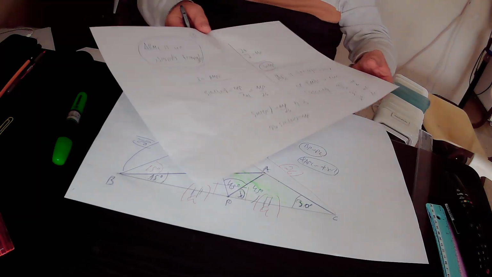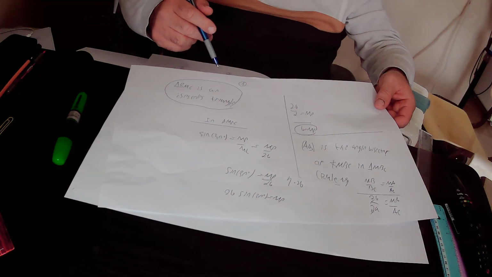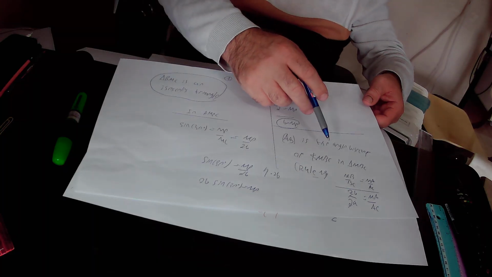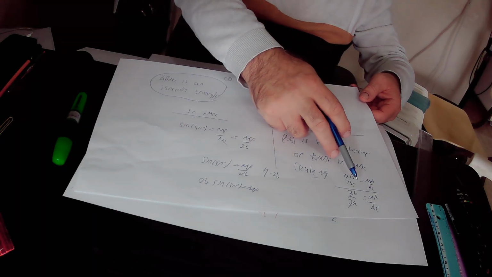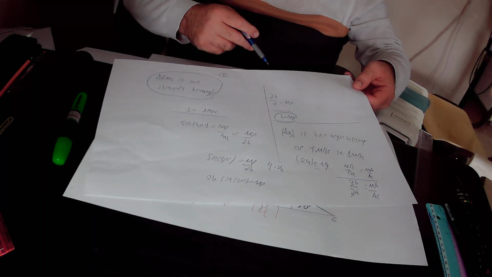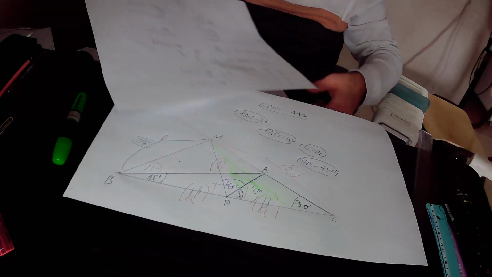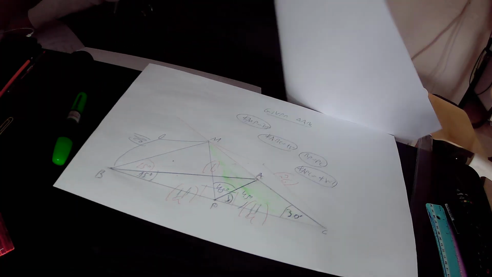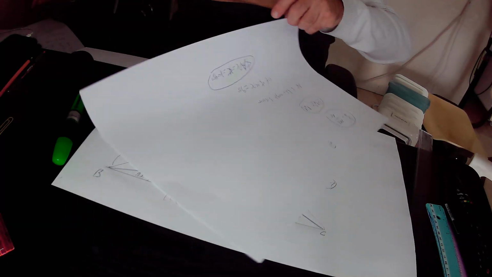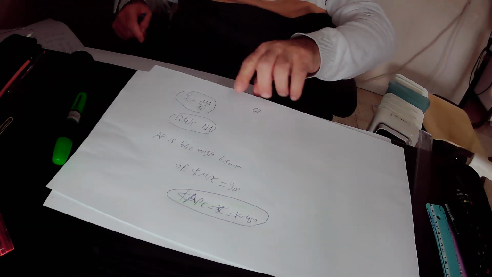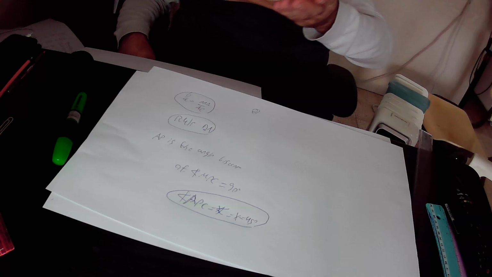We just found that in the green triangle MPC, B over A equals MA over AC.